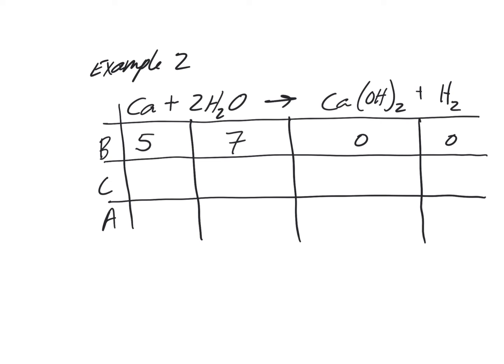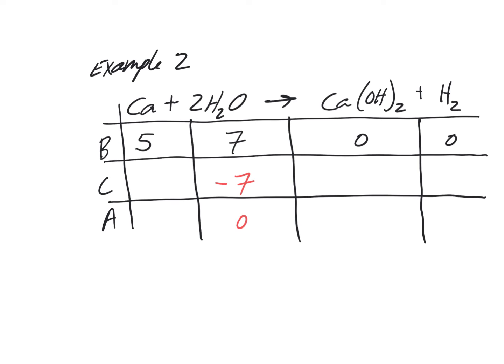Let's try this again. So let's see if water is the limiting reactant. Let's use up 7 waters. If I use up 7 waters and the mole ratio is 2 to 1, I need half of the calcium that I have of water.